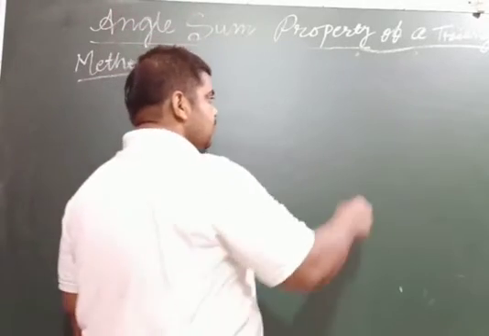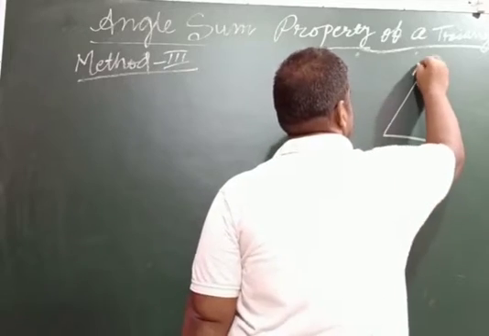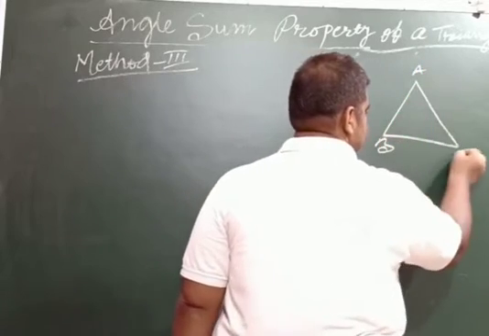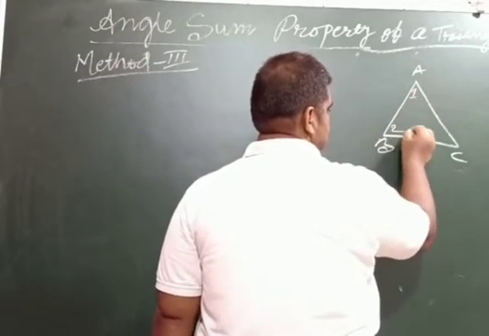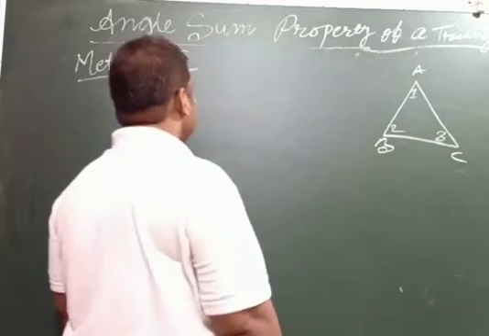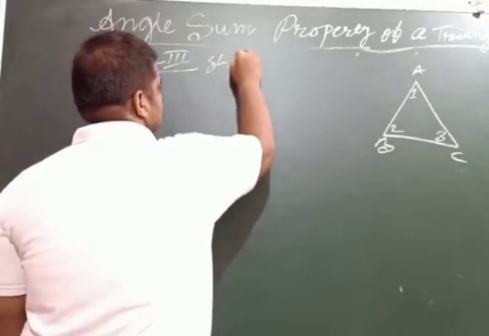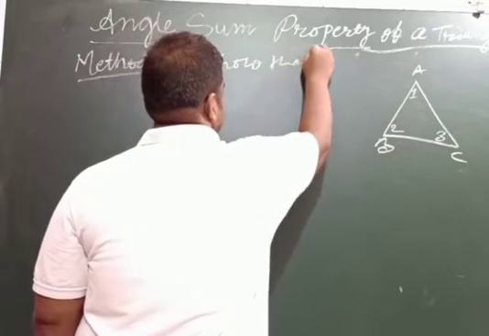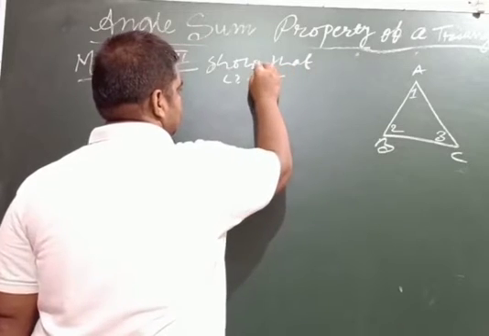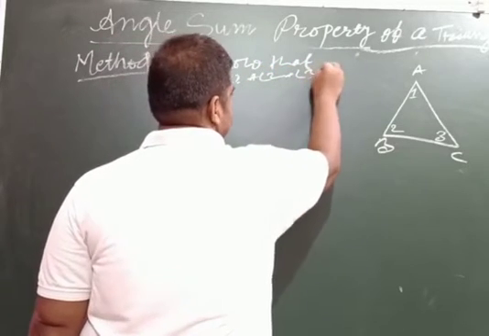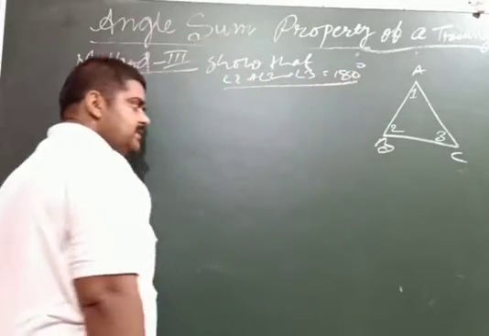In this method, I have to draw a triangle ABC and name the angles 1, 2, 3. You need to show that angle A plus angle 1 plus angle 2 plus angle 3 is equal to 180 degrees by the angle sum property.